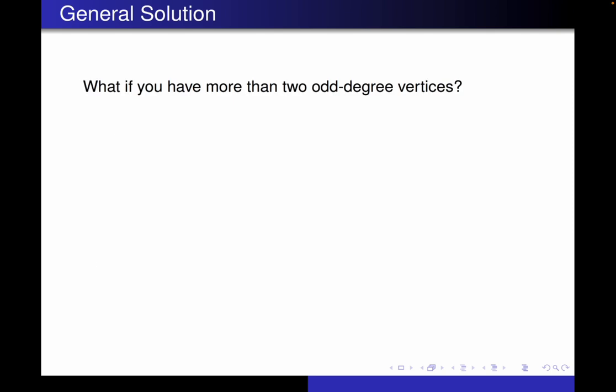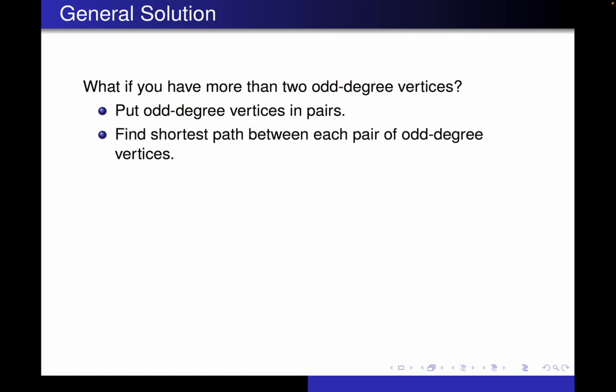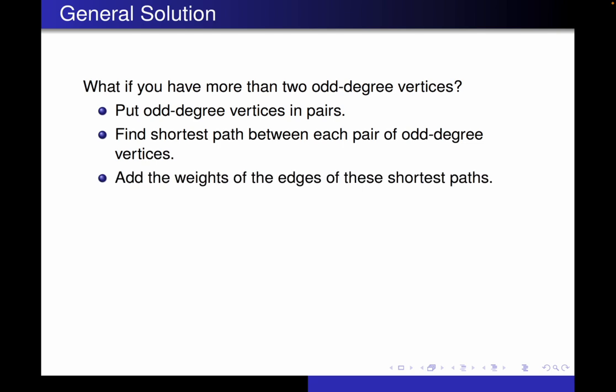Now that was pretty straightforward, but we also got a little bit lucky because we had just two vertices with odd degree. What if we have more than two odd degree vertices? Well, here's how we can handle that situation. Look at the odd degree vertices and put them all in pairs. Find the shortest path between each pair of odd degree vertices.